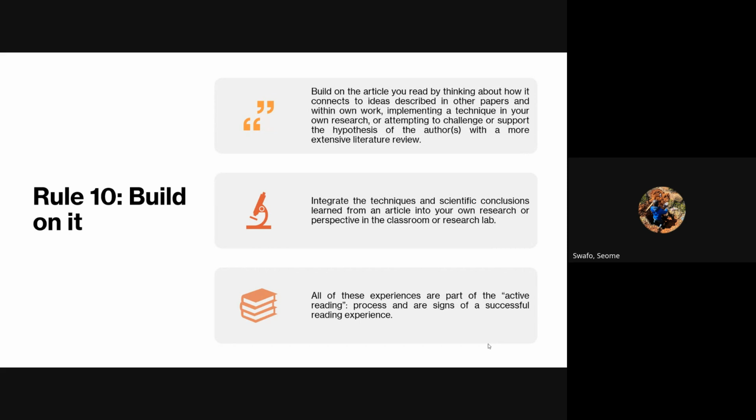As you are reading and citing them, you are actually trying to build from their works. So it can never be that someone will do an isolated research. Otherwise, take the literature review component out of your work. Because the moment you have a literature review, it means that you are actually building on other people's work. So you can't tell me that you are reading articles and then you're not going to build on them.